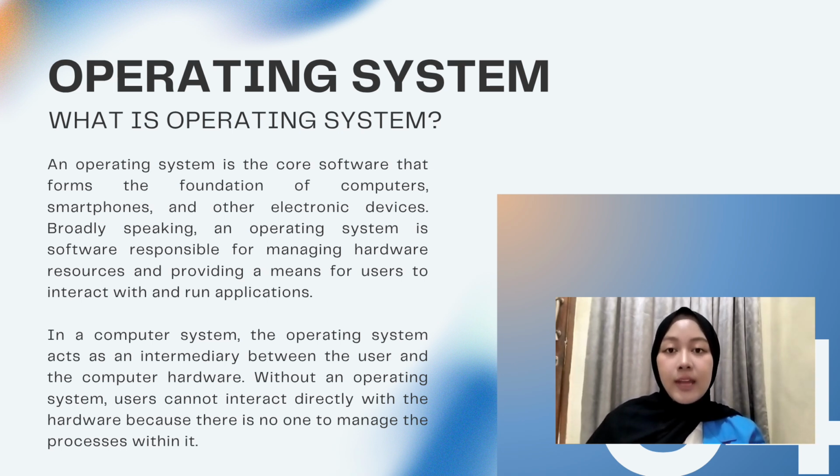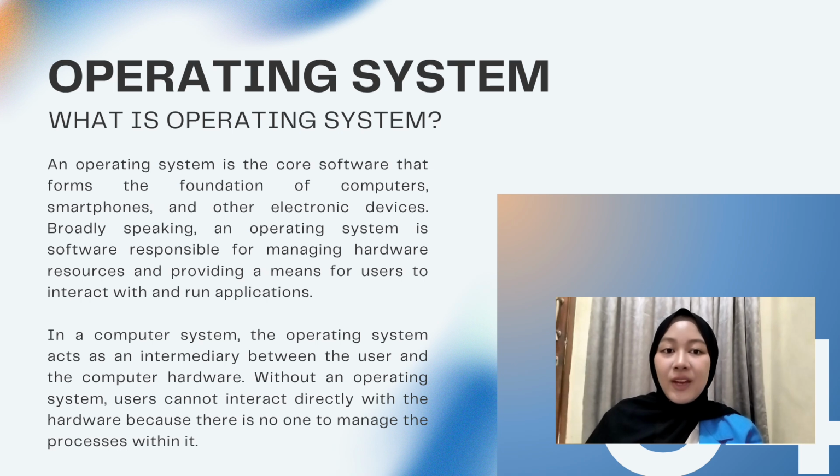After learning about software, we will now focus on system software, which is part of software that manages and controls computer hardware. One example of system software is the operating system. An operating system is the core software that forms the foundation of computers, smartphones, and other electronic devices.